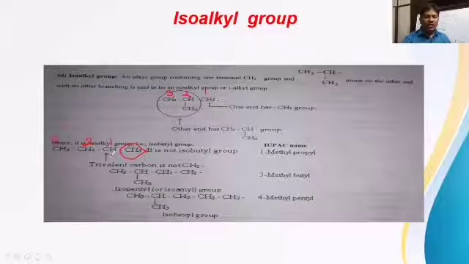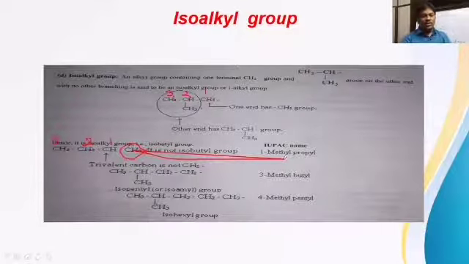Because the free bond is on this carbon, so it is the first carbon, and 3 carbons are present in the longest chain selected, so it is called propyl. So 1-methylpropyl is the IUPAC name of this. And now this group cannot be called what?